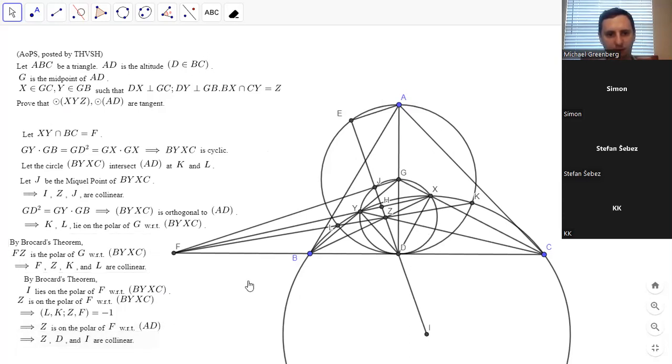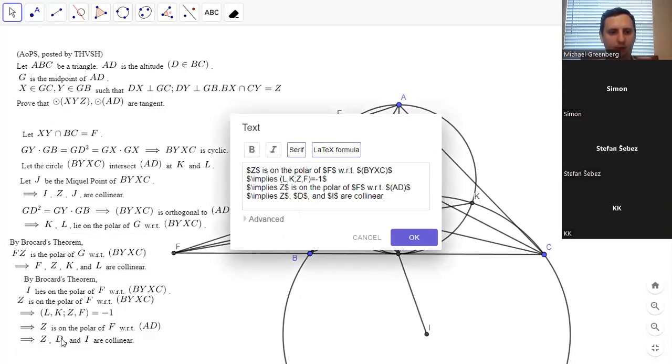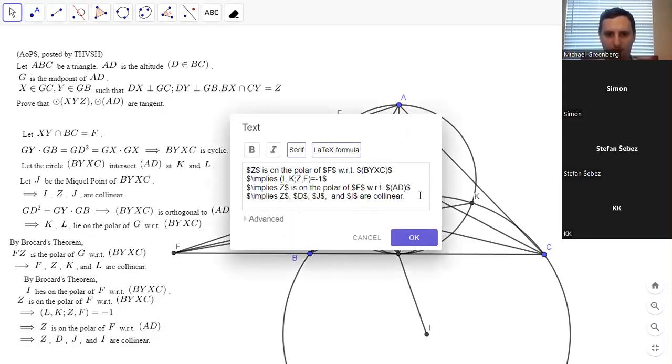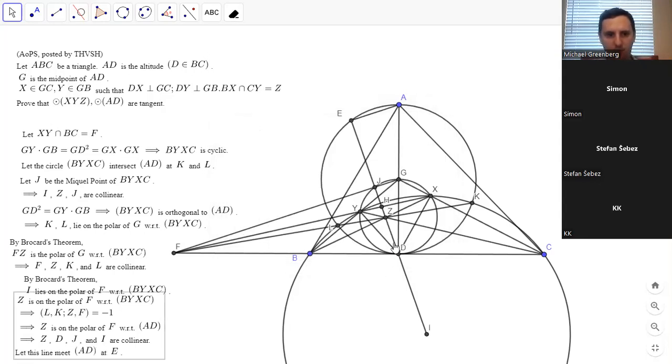I'll say ZDI and J. I'll say let this line meet AD at E. That circle at E. And then I don't think we even need this point E. Since we just state the inversion and then we're done. Okay. All right.